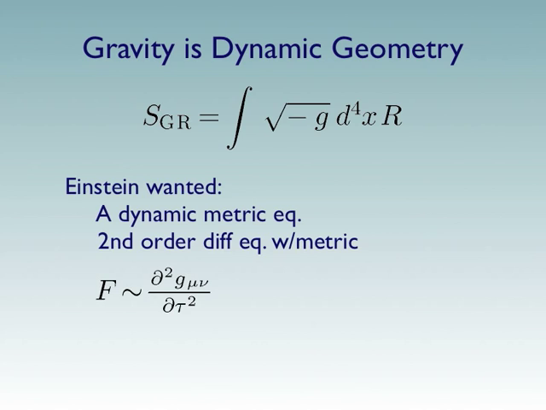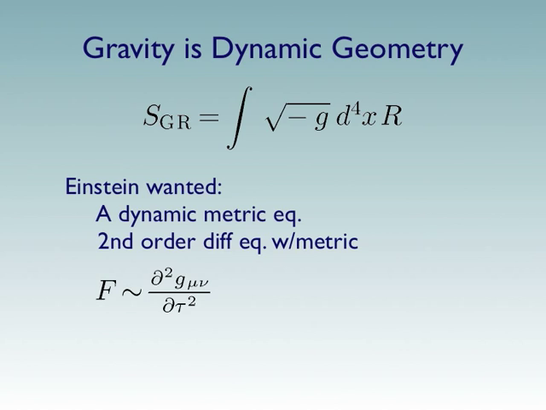But he wanted to do that with a metric tensor, which is a way to measure how far apart things happen to be. And by having a second order differential equation, he would have a dynamic metric, a dynamic ruler essentially, for measuring things in space-time that would change because of mass. That was the core idea.